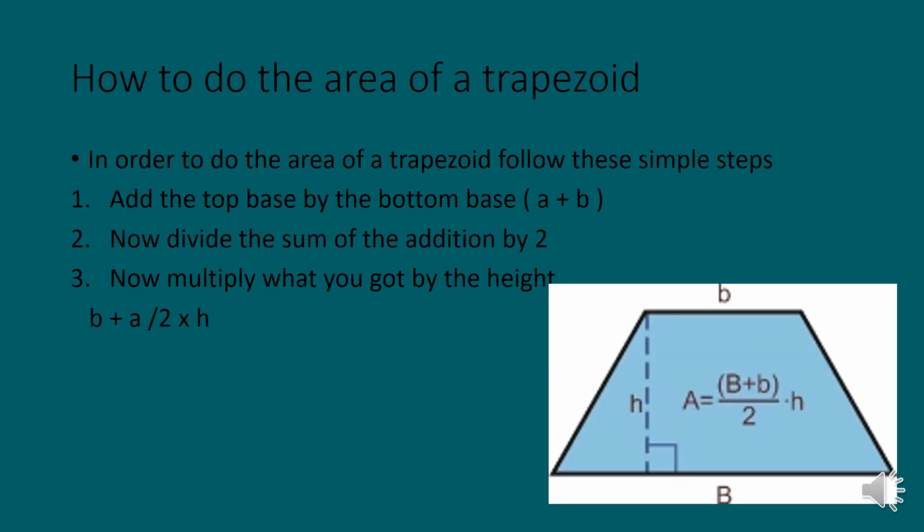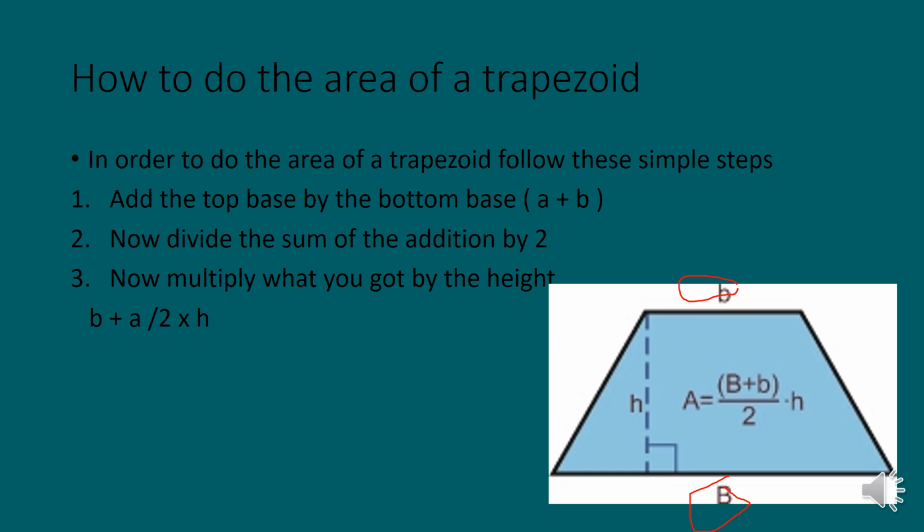Well then, how do we find the area of a trapezoid itself? In order to find the area of a trapezoid, you need to follow these three simple steps. We first have to find the top base and the bottom base, A and B. Then we add them together. So this is the top base and this is the bottom base, right? I called this A, but it's fine.